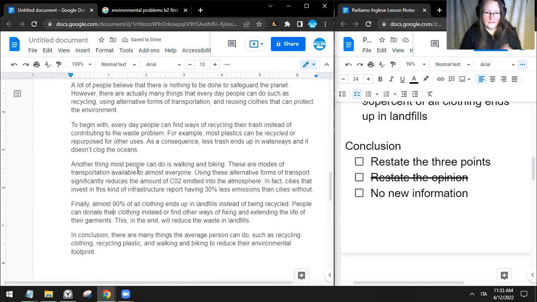This, in the end, can greatly reduce the amount of waste in landfills. So in conclusion, there are many things the average person can do, such as recycling clothing, recycling plastic, and walking and biking to reduce their environmental footprint.